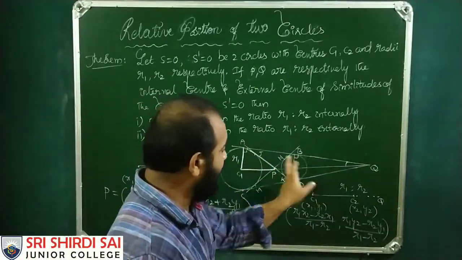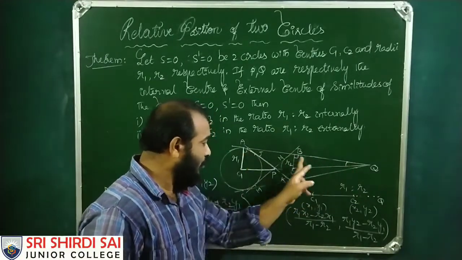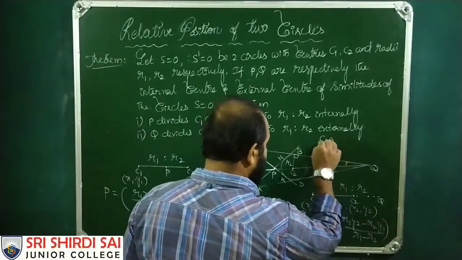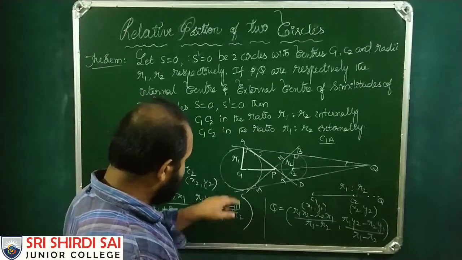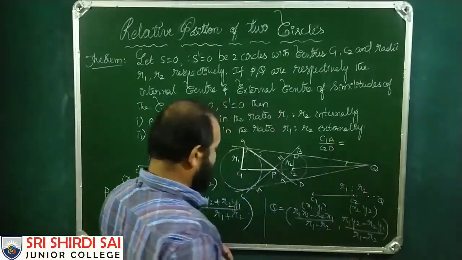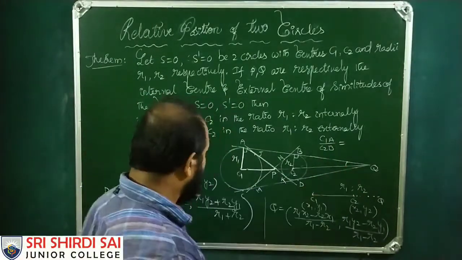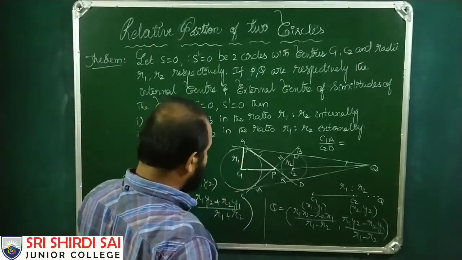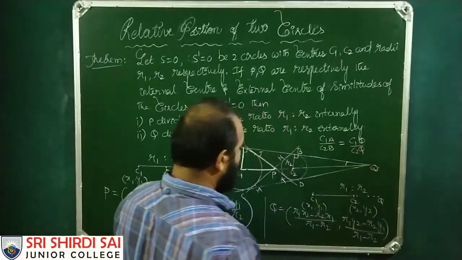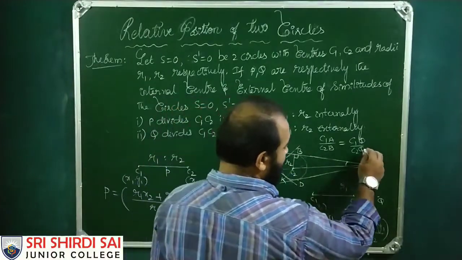These are similar triangles because of the 90 degree angles. By the angle property, C1A by C2B equals C1Q by C2Q.